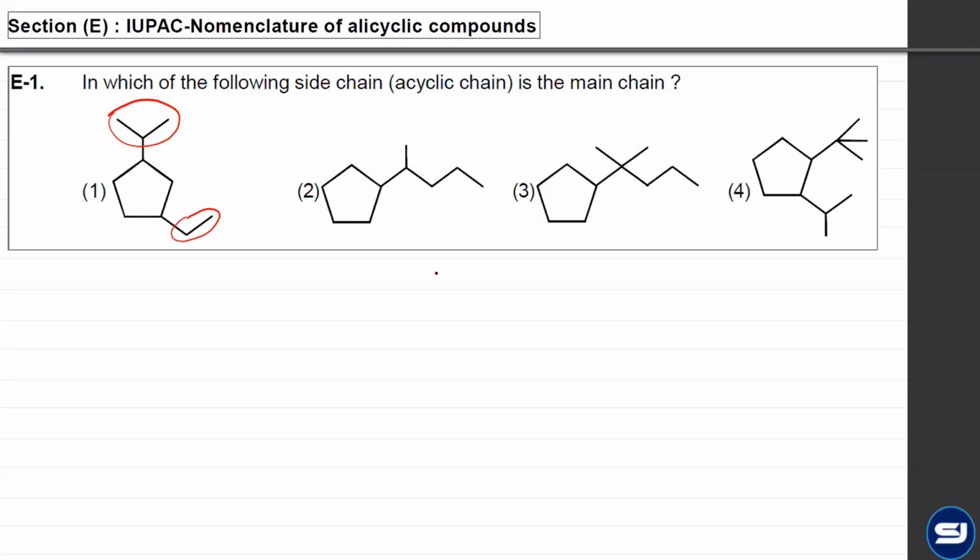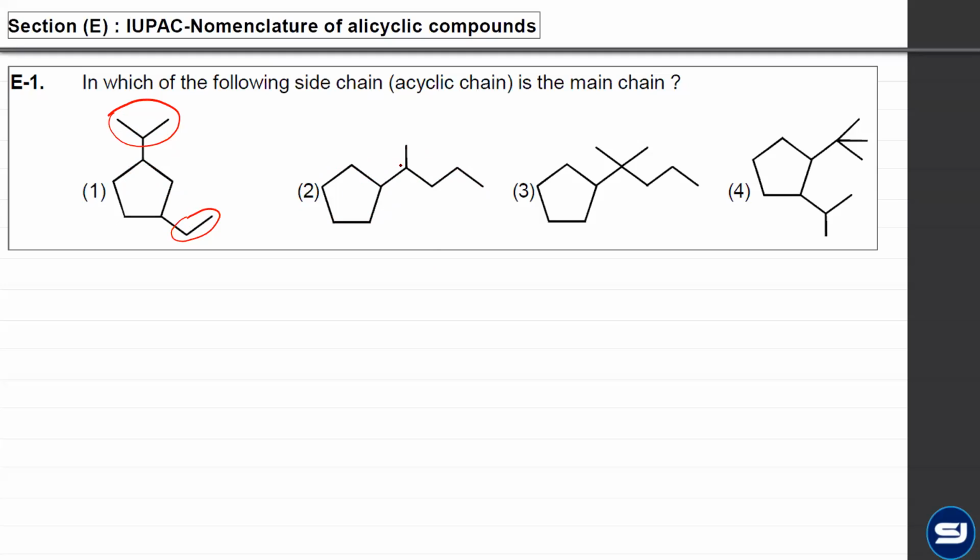Next, the cyclic ring has how many carbons? 5. And the acyclic has 5, 1, 2, 3, 4 and 5.